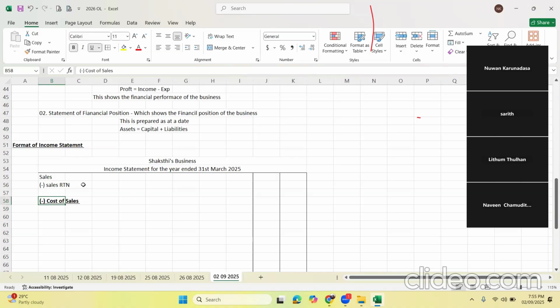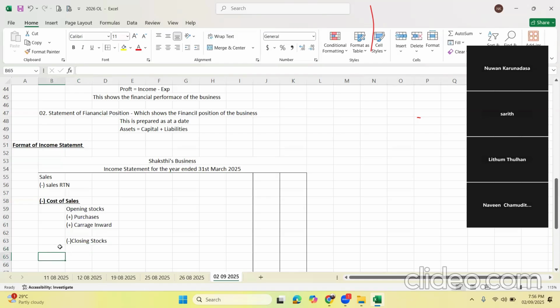You must write here the cost of sales breakup: opening stock plus purchases, then plus carriage inward, transport cost, then minus closing stock.